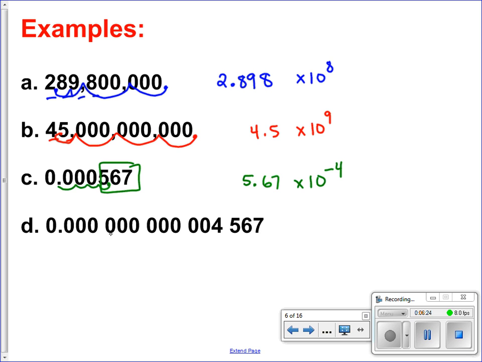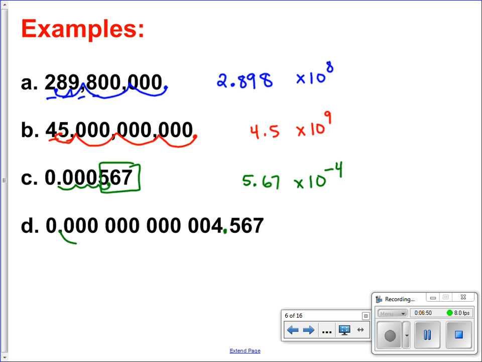All right. And this next one, notice how I've left spaces between the zeros. You'll commonly see that in textbooks or sometimes on worksheets because it's not conventional to use commas in numbers that are less than 1. So here we have a number that's really small. We're going to put the decimal right here between the 4 and the 5 because we want just 1 non-zero in front of that decimal.